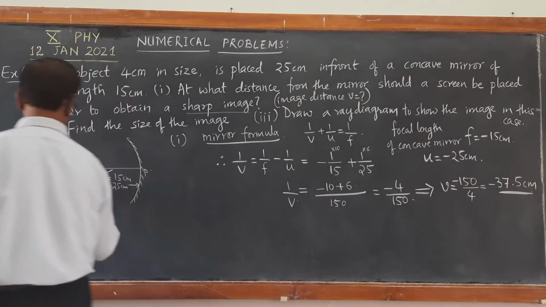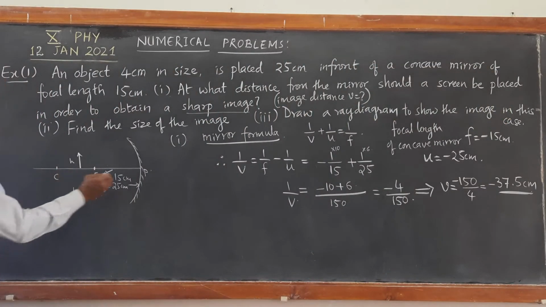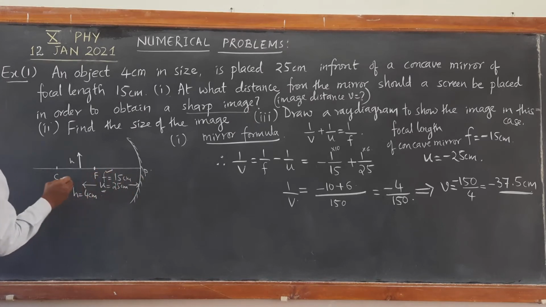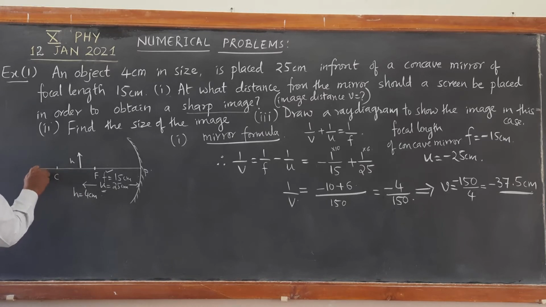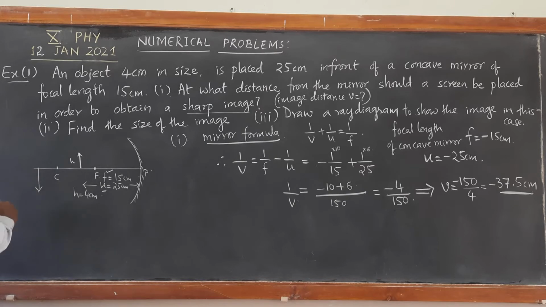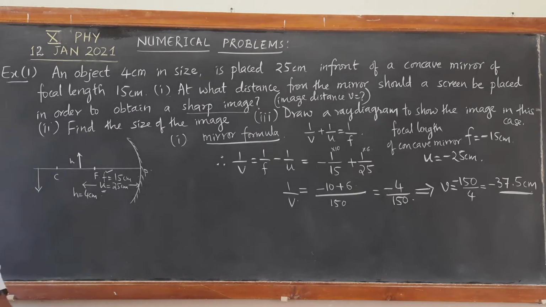So the image is formed beyond. You see, focal length is 15, so radius of curvature is 2 times 15, that is 30. So the image should be formed at minus 37.5. So it will be somewhere here. This is going to be a real image, right?